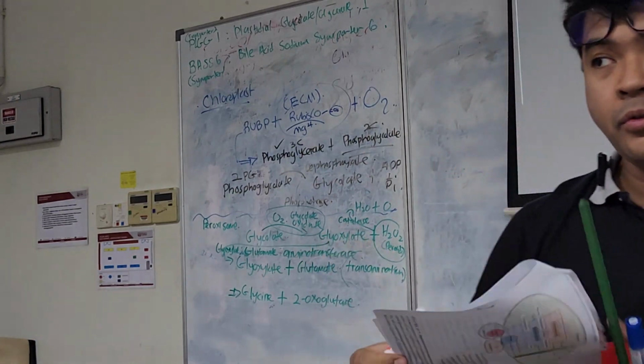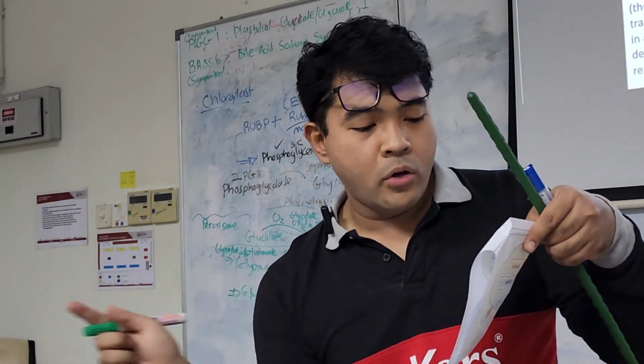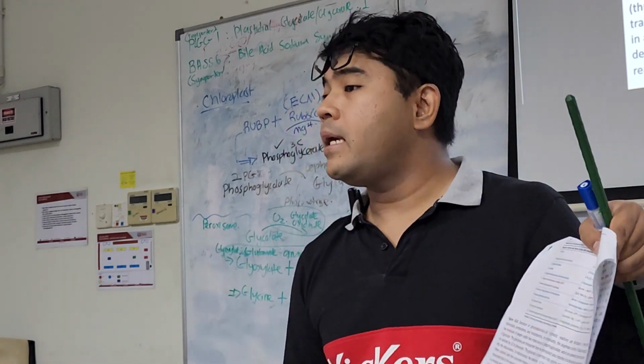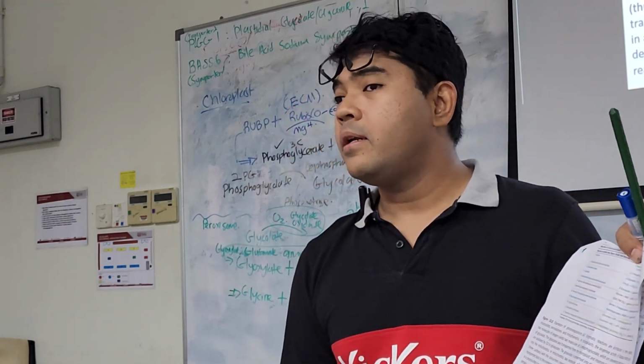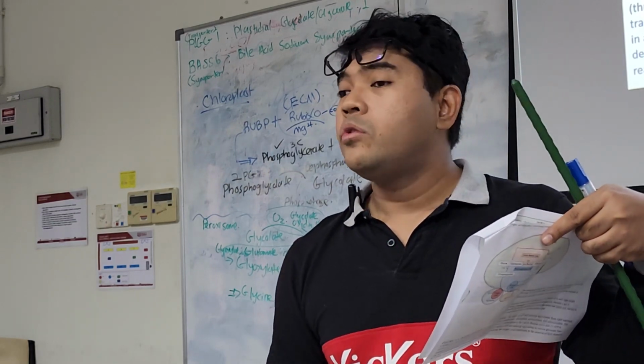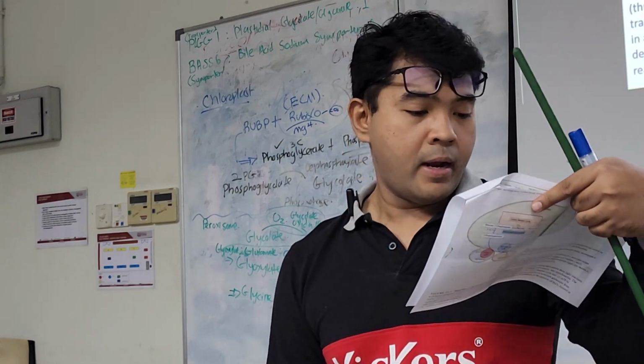To prove that point, you can see that 2-oxoglutarate is being used again in reaction number 8, when you want to convert amino acid serine to hydroxypyruvate, you use that again, right?